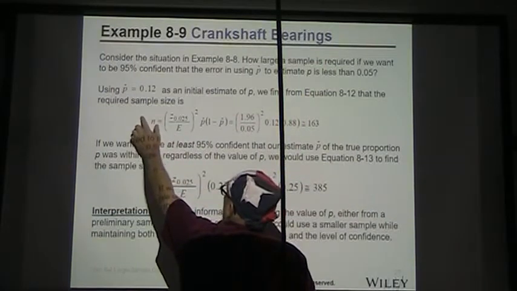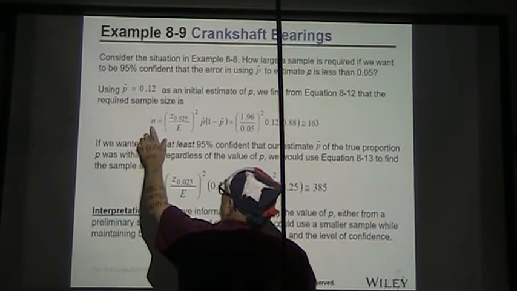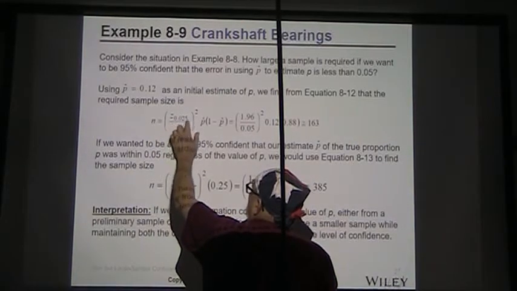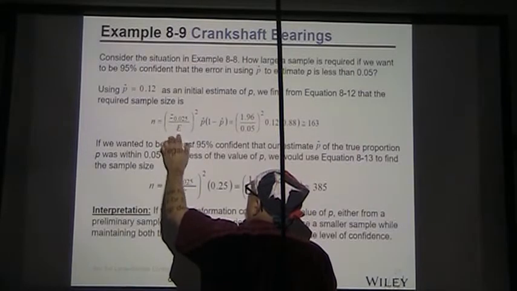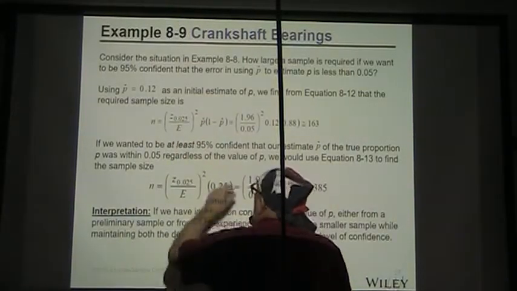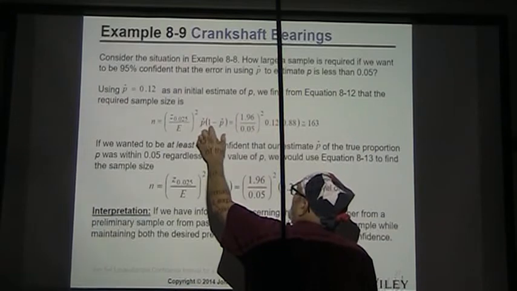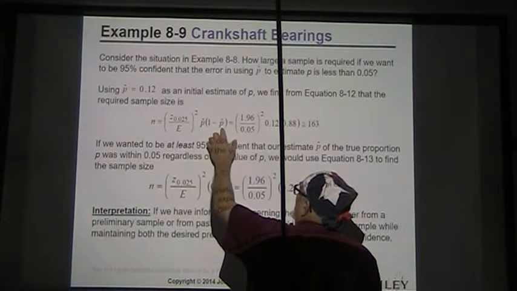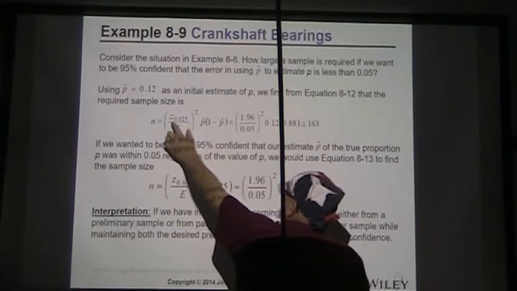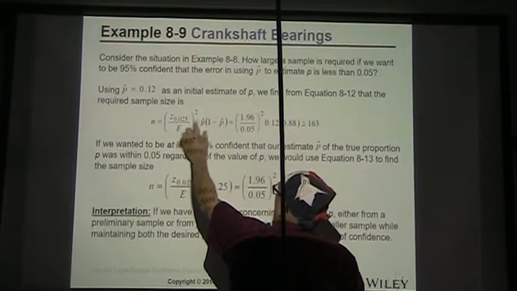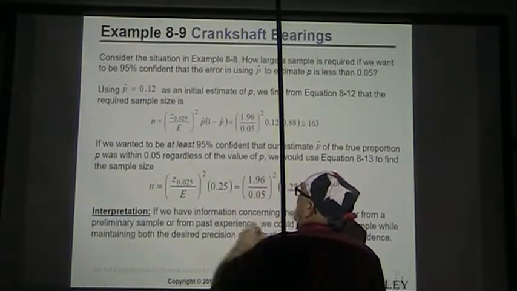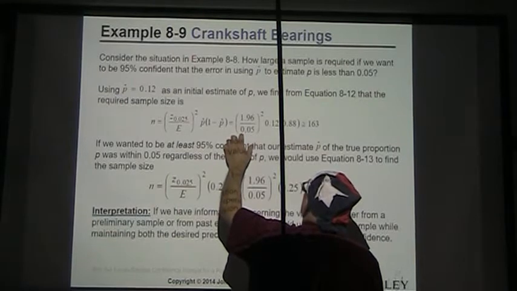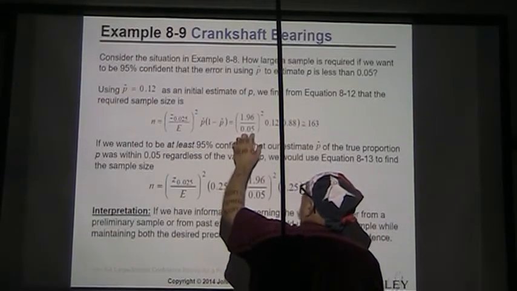And so we look and we say the required sample size, N equals Z of 0.025 divided by E, that quantity is squared, times P hat times the quantity 1 minus P hat, and we substitute in our numbers. We know that Z of 0.025 is 1.96. The error we don't want to exceed is 0.05.